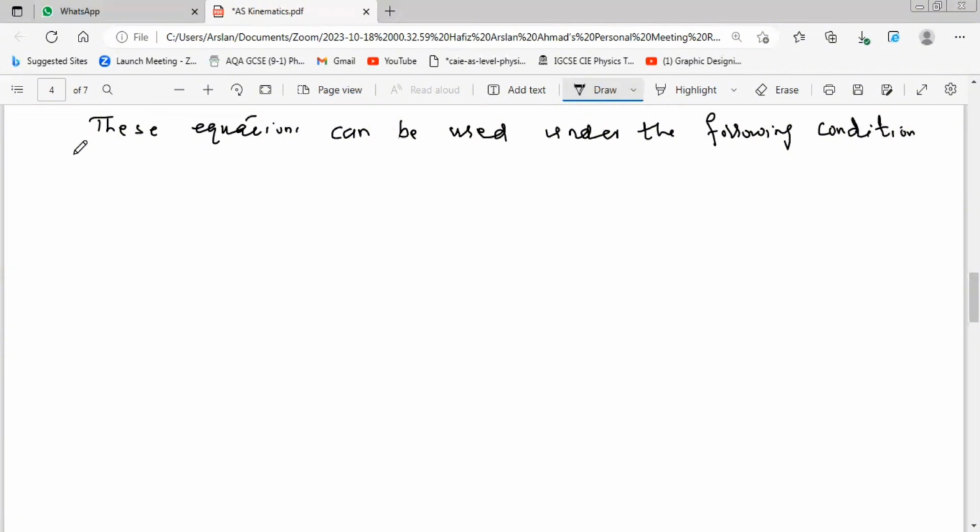There are two conditions in which we use equations of motion. These conditions must be satisfied. Number one, the object must be moving in a straight line, just like a car moving on a straight road. This is an example of linear motion.